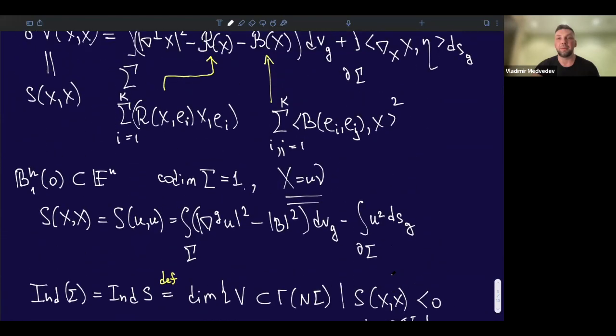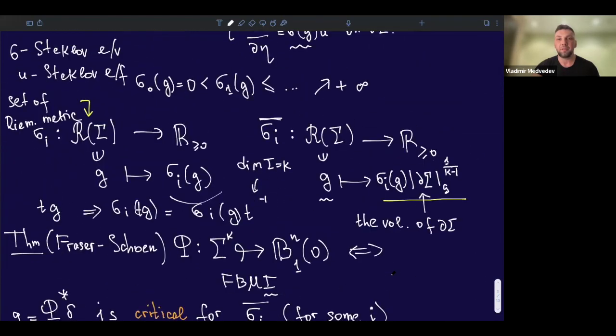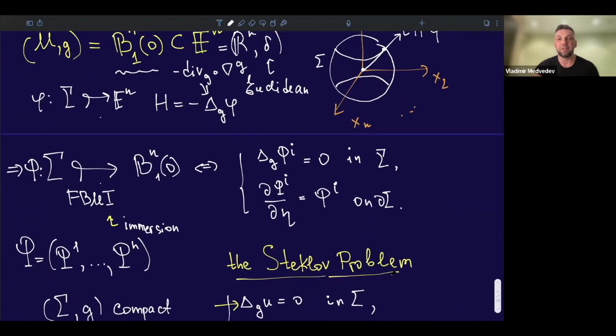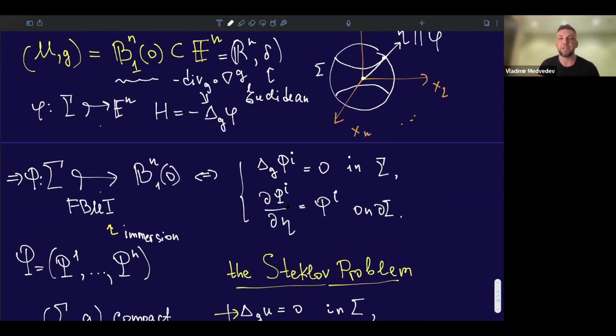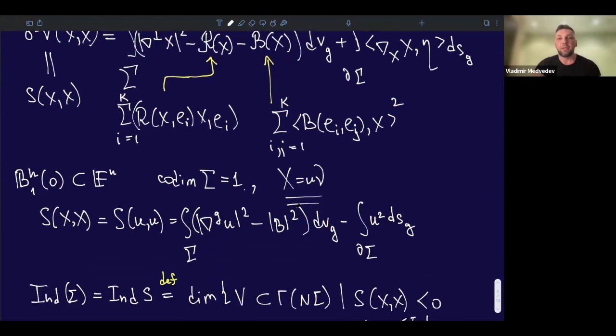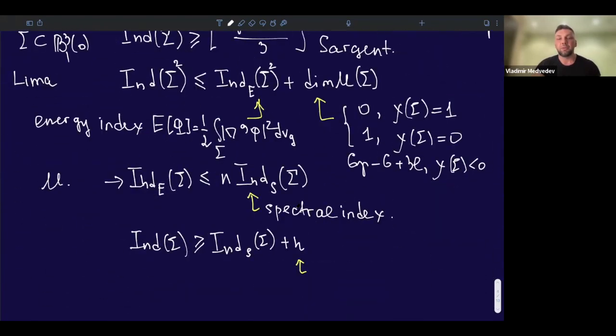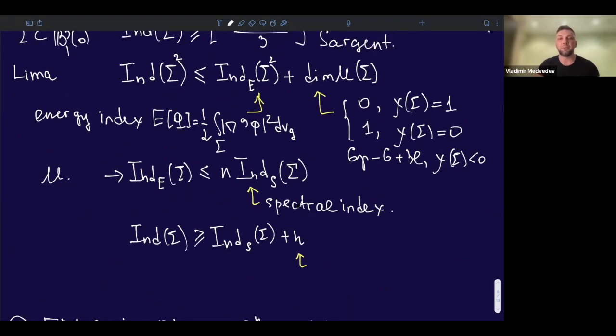Because if you go back to this problem, you see that phi i, the coordinate functions, are Steklov eigenfunctions with eigenvalue 1. And here we are interested in the number of Steklov eigenvalues less than 1. And this is the spectral index.